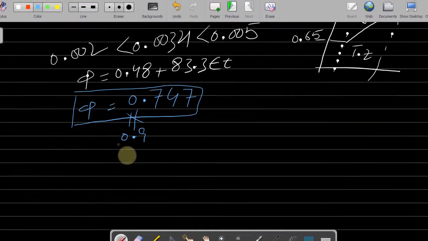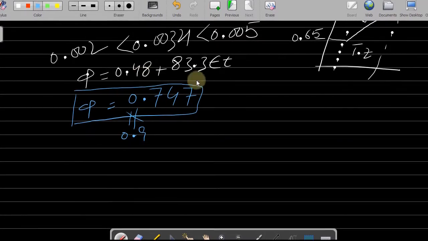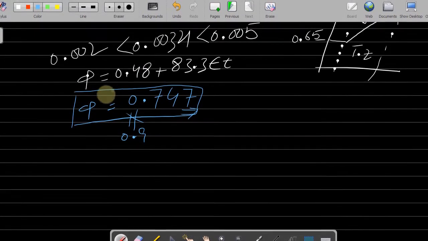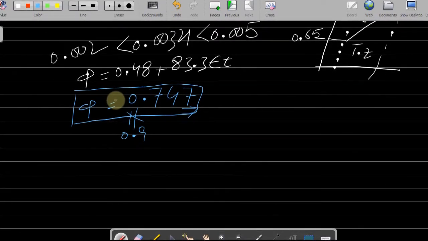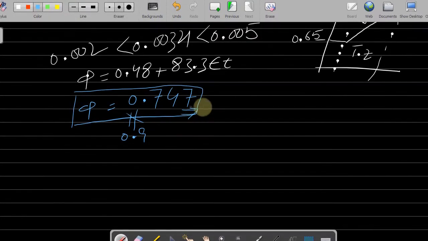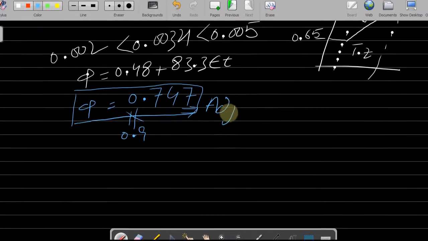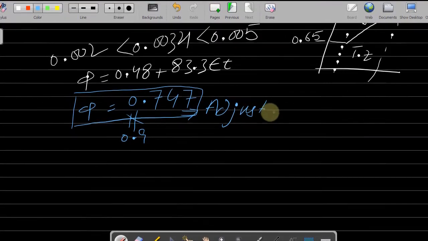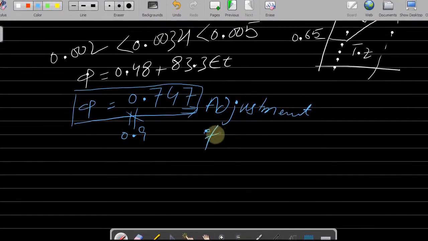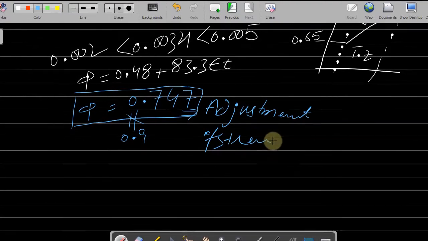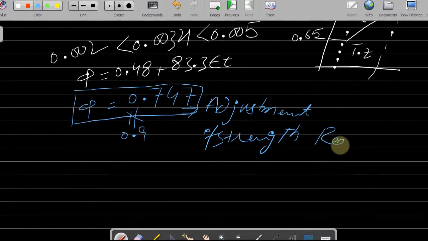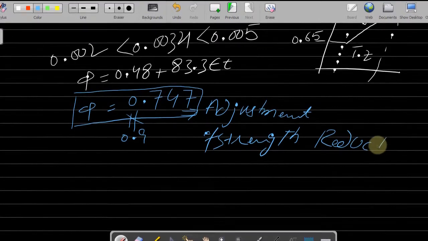After calculating this p value, this is what we say. I have already recorded and uploaded a separate lecture on this, how to adjust a strength reduction factor. This is called adjustment of strength reduction factor, which is also called capacity factor.